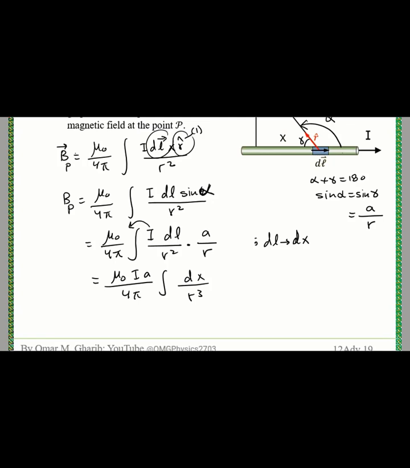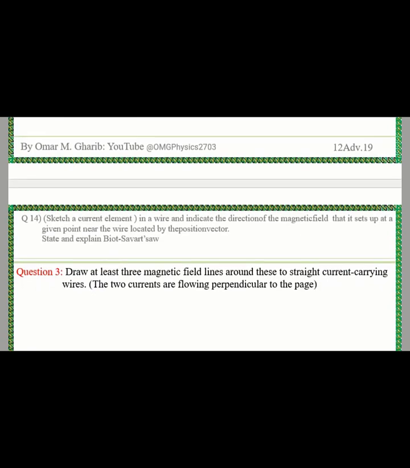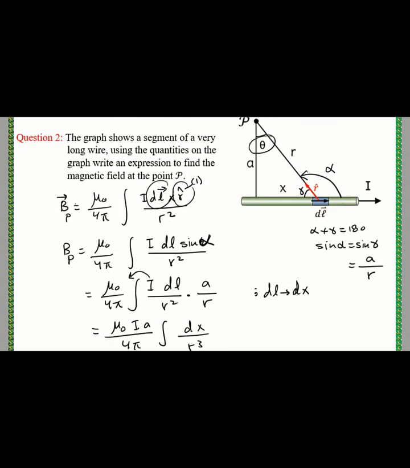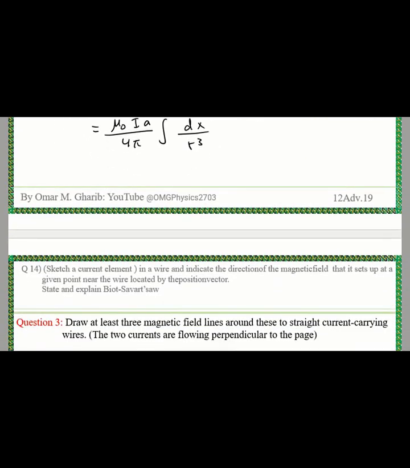Or keep it along the x-axis and make the integration from minus infinity to infinity. You are not asked to find the integration, as suggested by the syllabus.